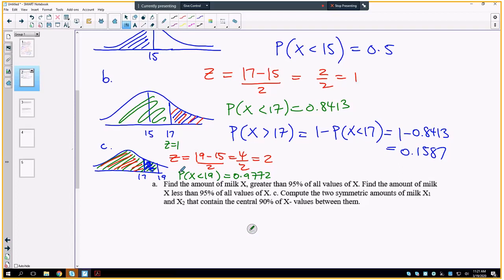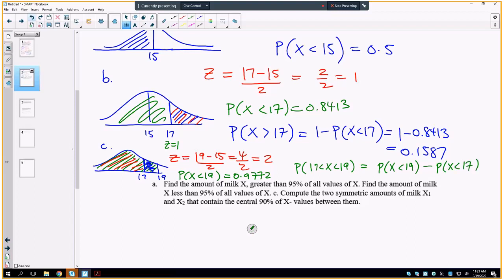So how about this? The probability that x is between 17 and 19 should be the probability that 17 is less than x is less than 19, first of all. And from the picture we can see that should be equal to the probability that x is less than 19, subtract the probability that x is less than 17.